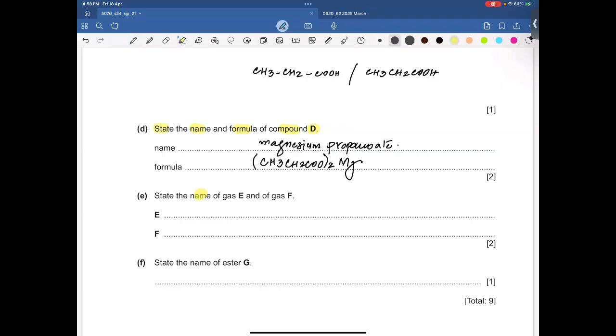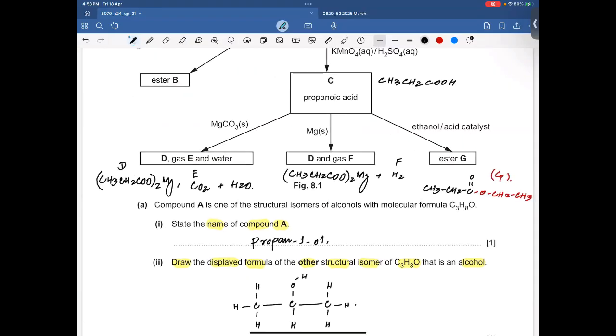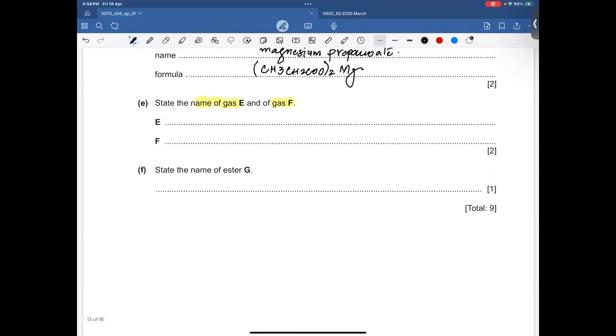State the name of gas E and gas F. Gas E is carbon dioxide and gas F is hydrogen.